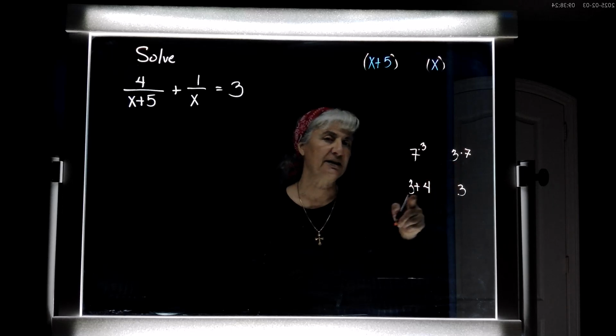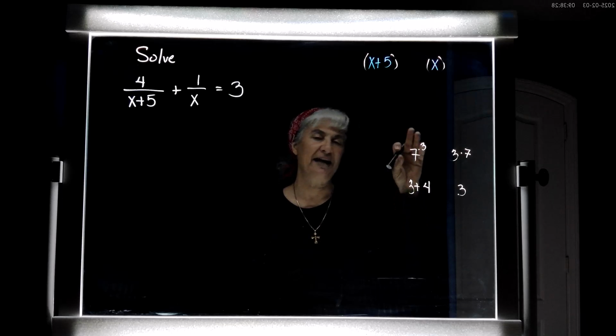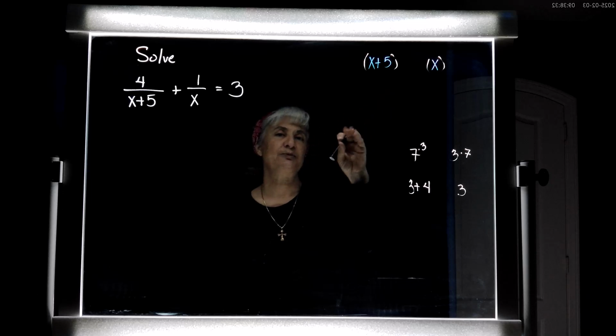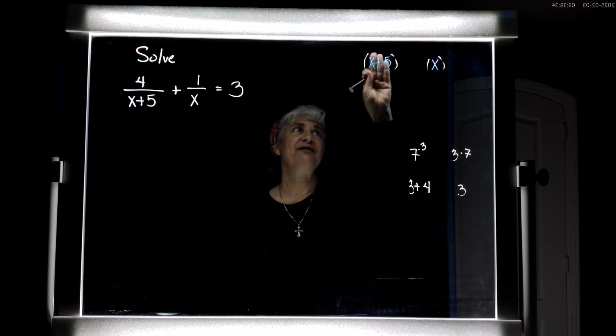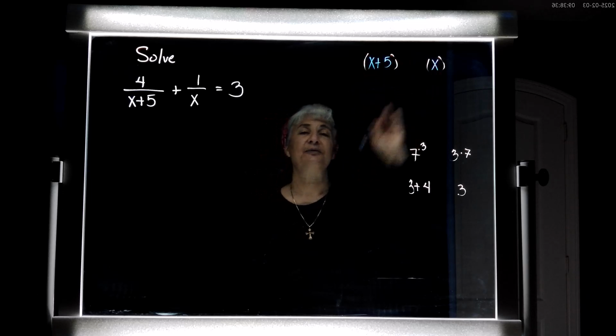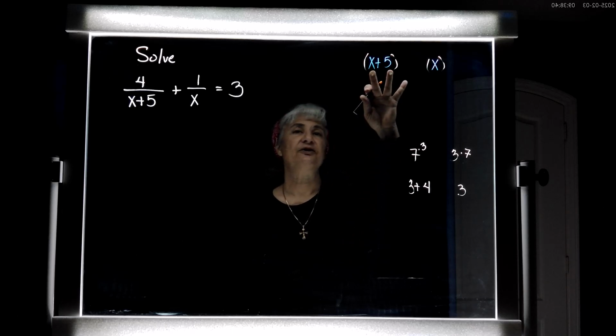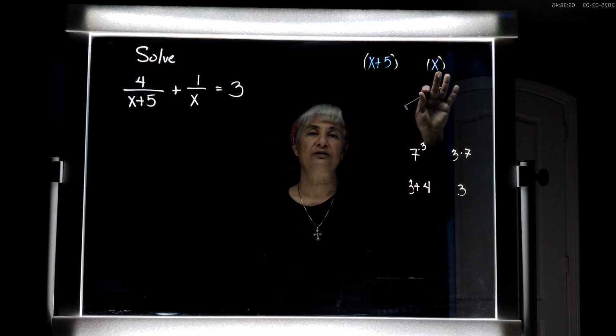You don't look at it like this as an addition problem. You look at it as one entity, shall I say. You have to look at x plus 5 as one entity. This is completely different from x. So this denominator, just like the 7, is missing what to look like the second one?